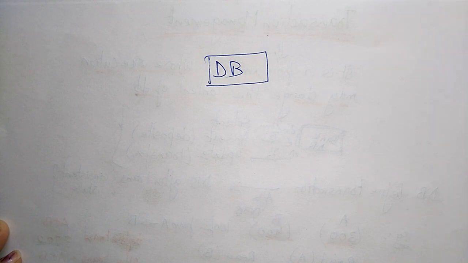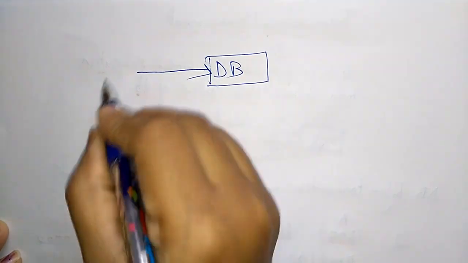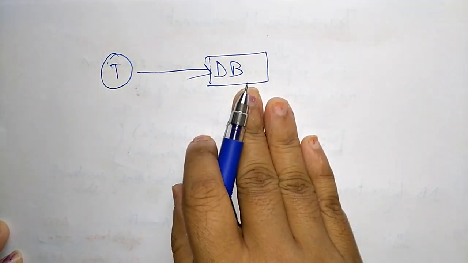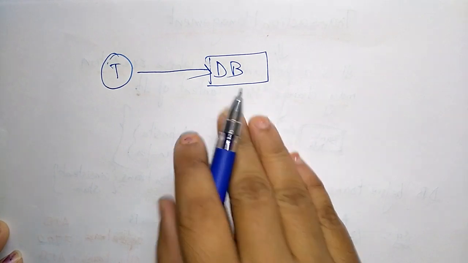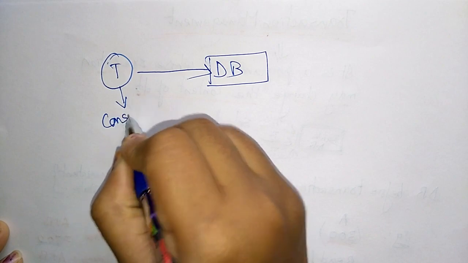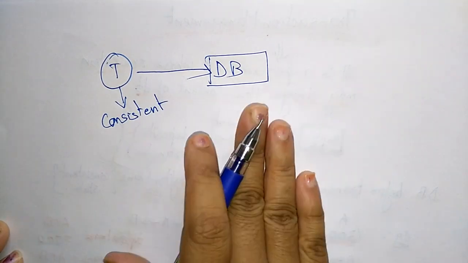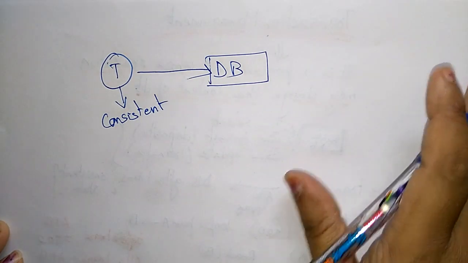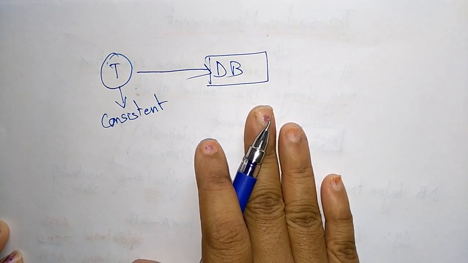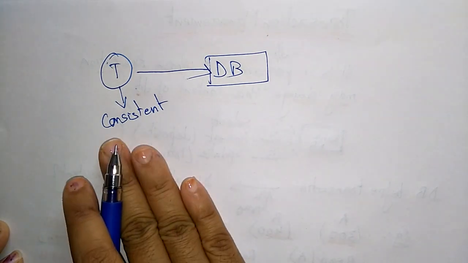The main thing to note is that the transactions we perform on the database should be consistent. Whatever transactions we make on the database, like select, update, delete, modify, commit, should always keep it consistent. That we have to note.